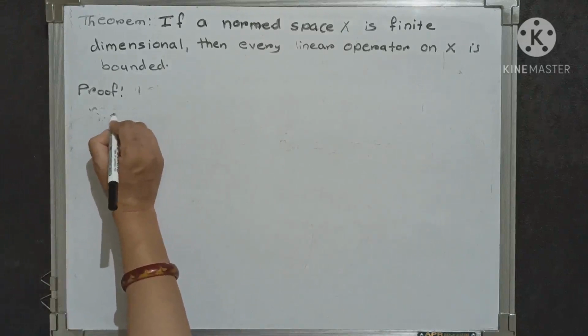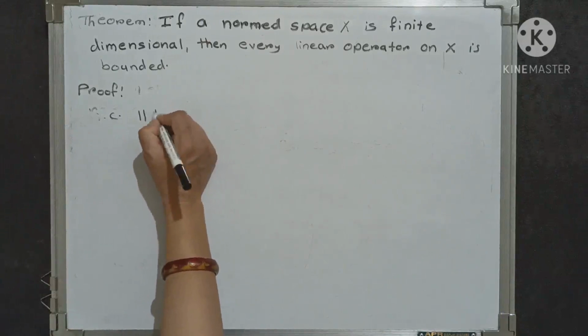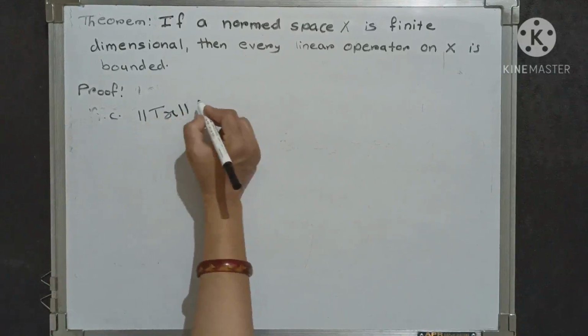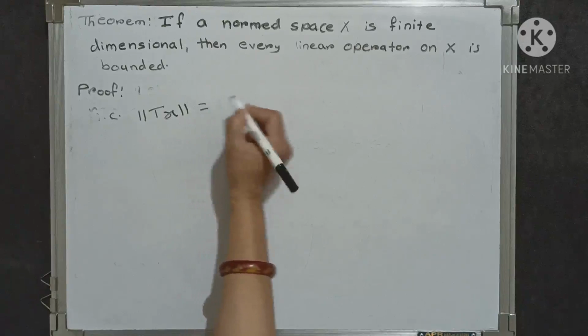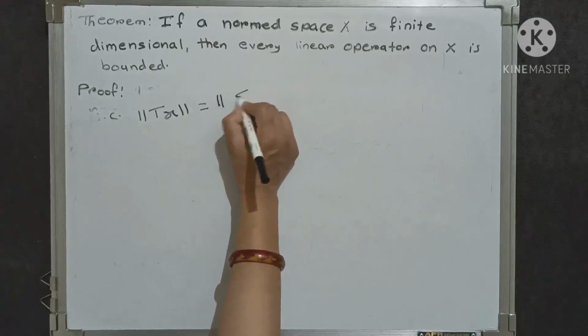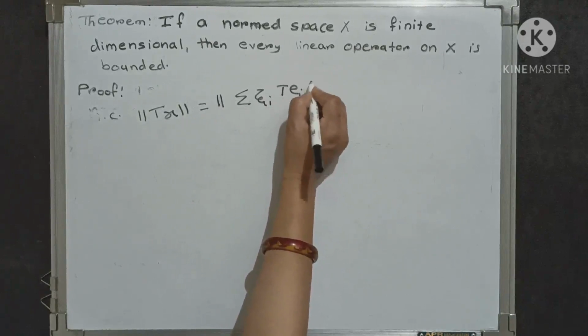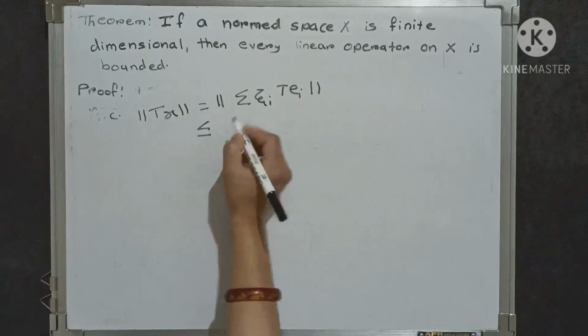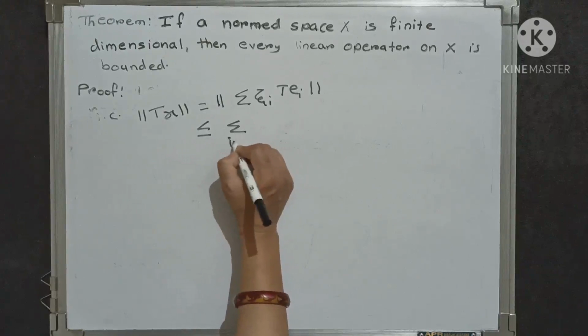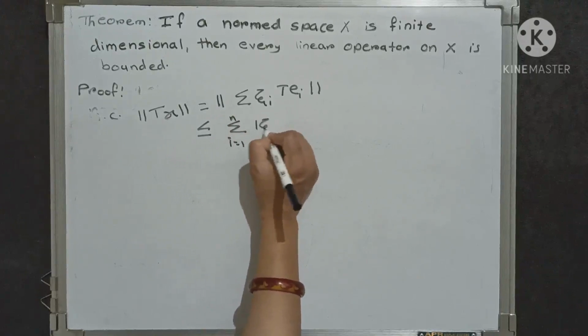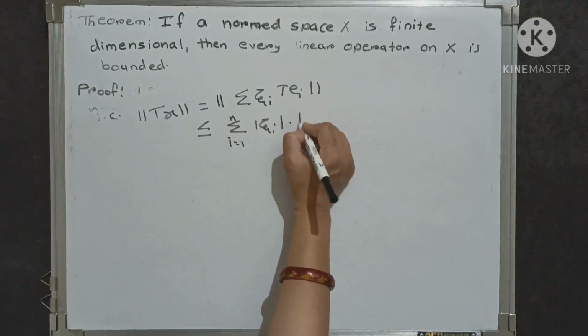That is, norm of Tx equals norm of summation xi i T e i, which is less than or equal to summation i from 1 to n of mod of xi i times norm of T e i.